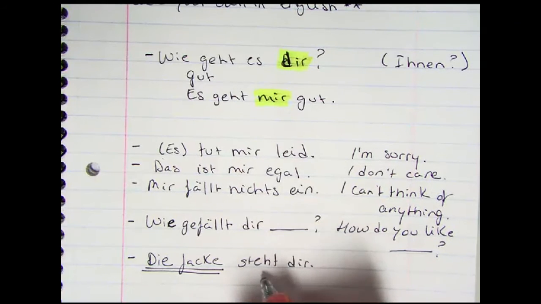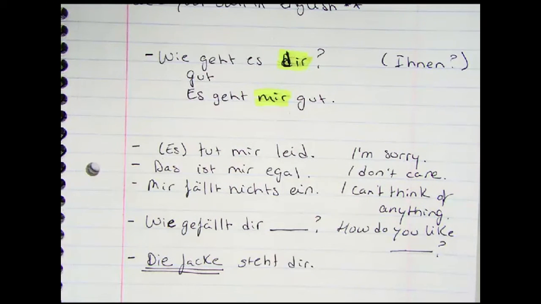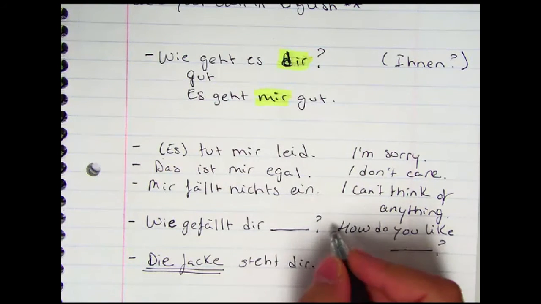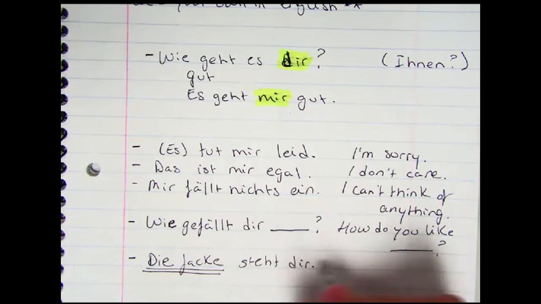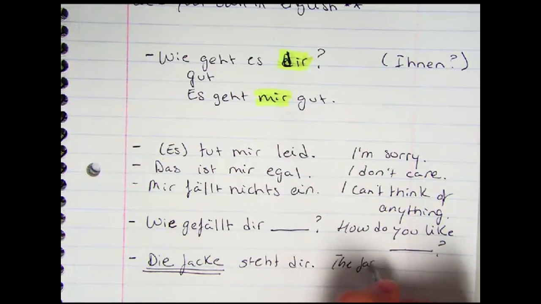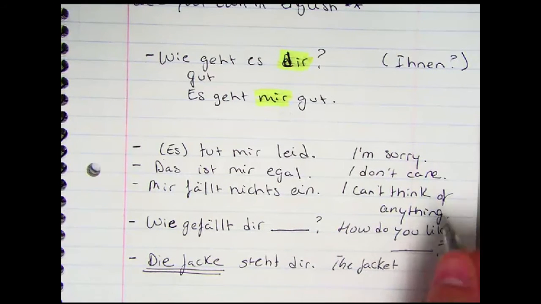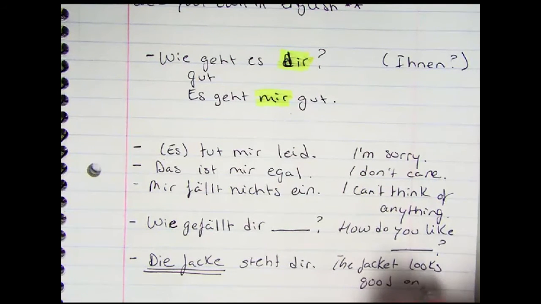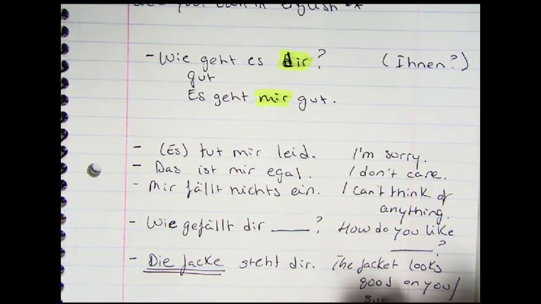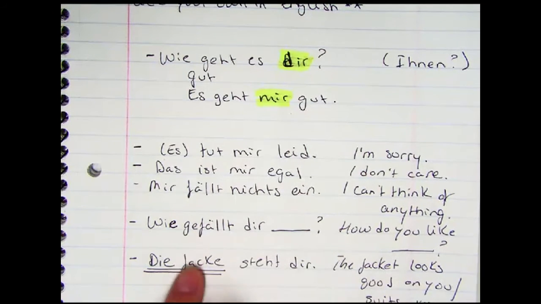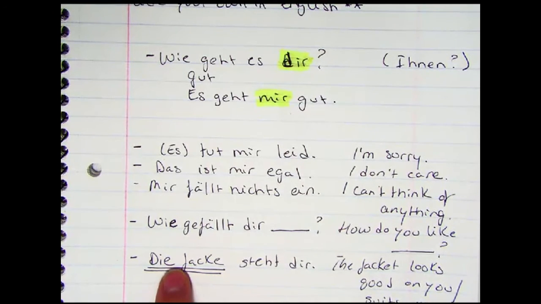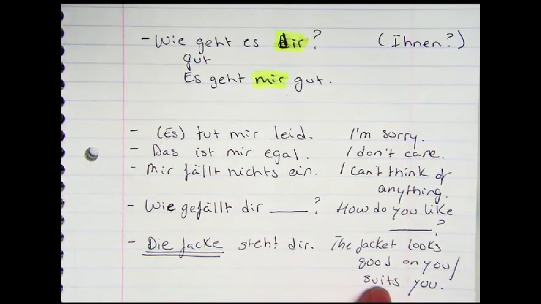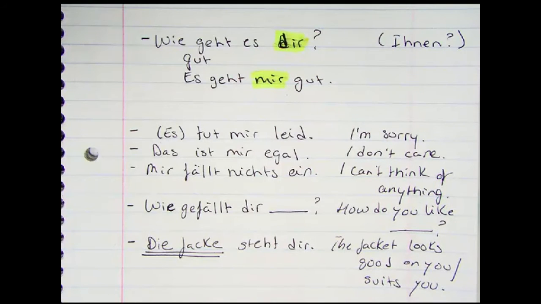So stehen, of course, just means to stand, but when you have it with dative case and you're moving these things around, this actually means this jacket suits you, looks good on you. So if I swap that out, I could say, Die Hose steht dir. The pants look good on you, or the pants suit you. So when something looks good on someone, that is what we say.